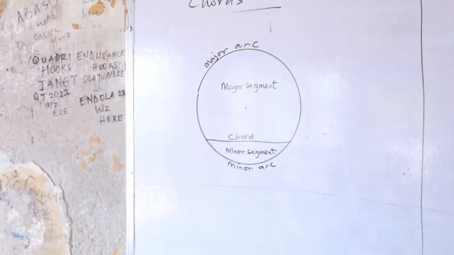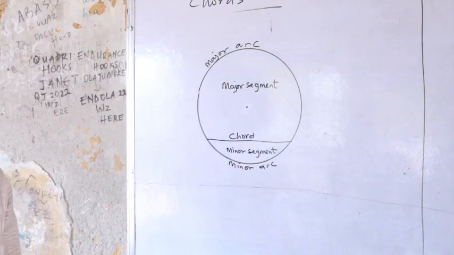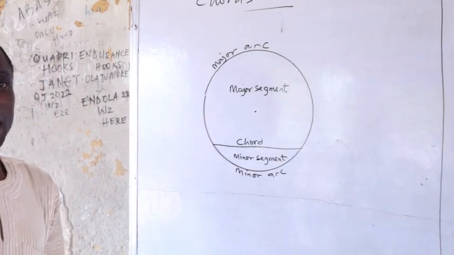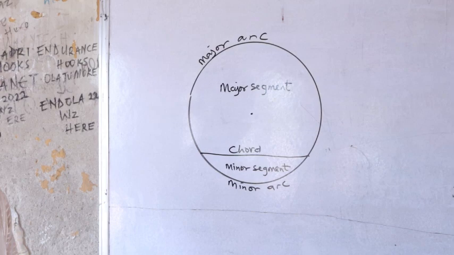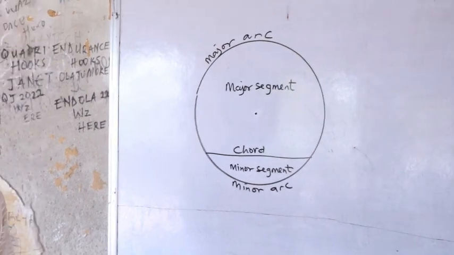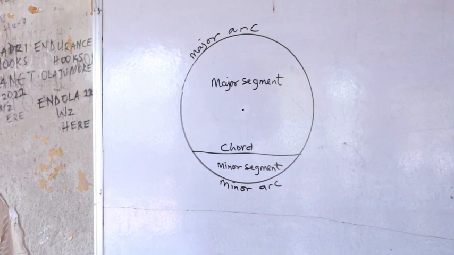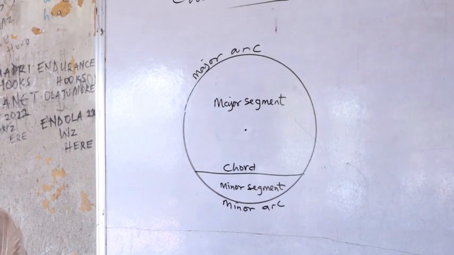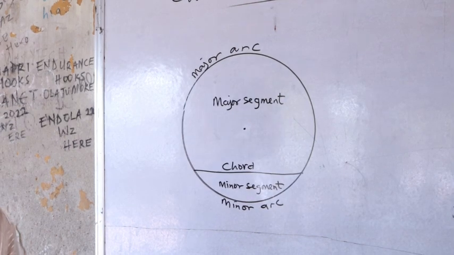Now, I'm not here to find the area of a segment or the length of a chord, but to explain some of the theorems, because in this type of topic we have some theorems, and when you look at some textbooks you will see theorem 10, theorem 11, theorem 12 and so on.